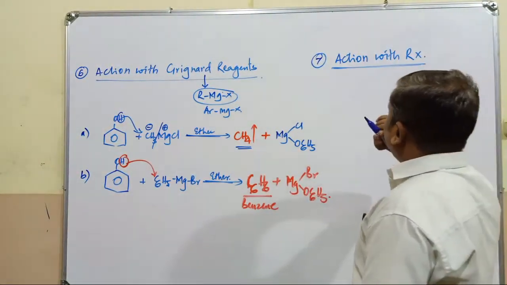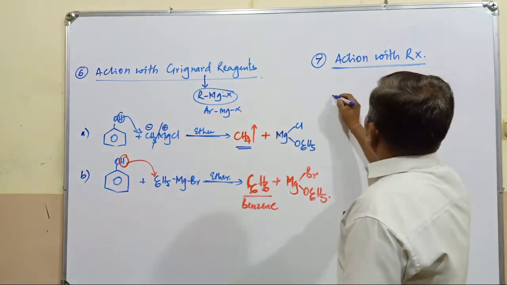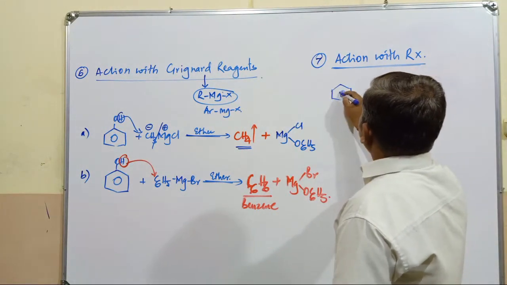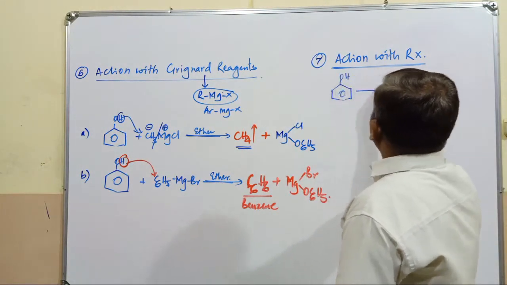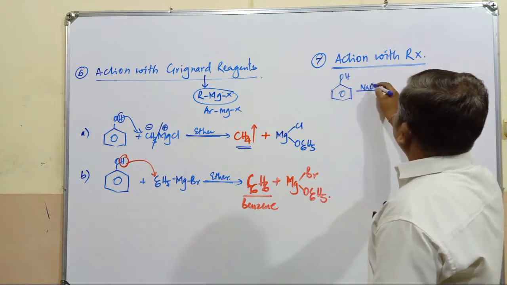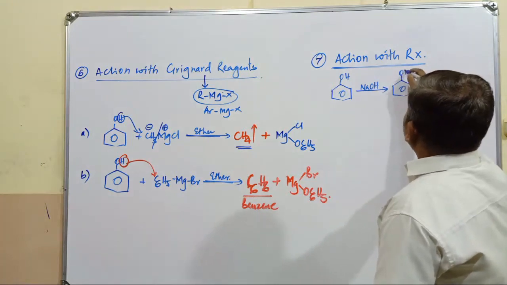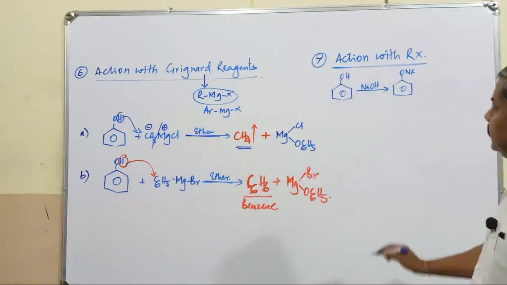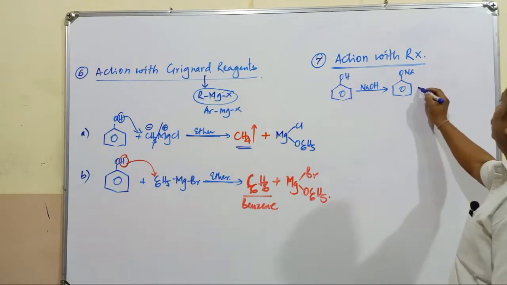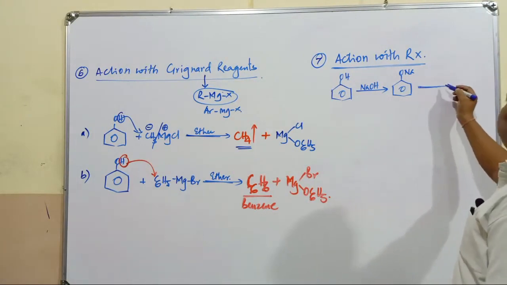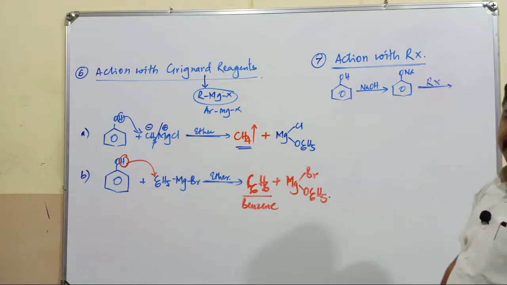Any alkyl halide you can consider here. So first, phenol is treated with what? Sodium hydroxide. What is the compound obtained here? Already we have discussed. It forms ONa. What is the name of this compound? Sodium phenate. When this compound is treated with RX, what possibility is there?